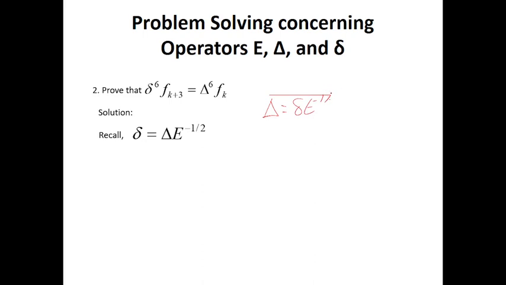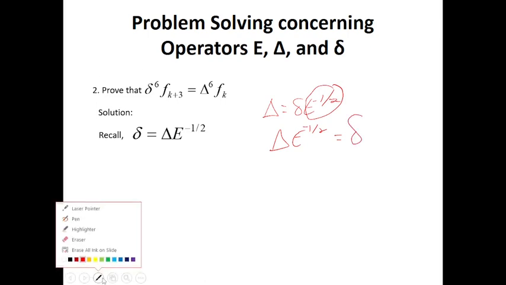Right? So, divide natin or multiply natin both sides ng e to the negative 1 half. So, ito, pag ililipat doon sa kabila, okay, magiging negative 1 half. So, delta e to the negative 1 half equals delta. So, ganun siya.